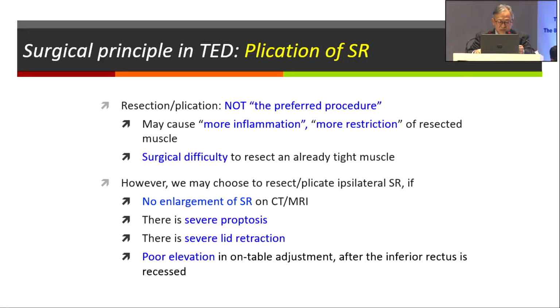And also, if you recess the inferior muscle and there is poor elevation in the on-table adjustment, then plication of the superior muscle could be a better choice.